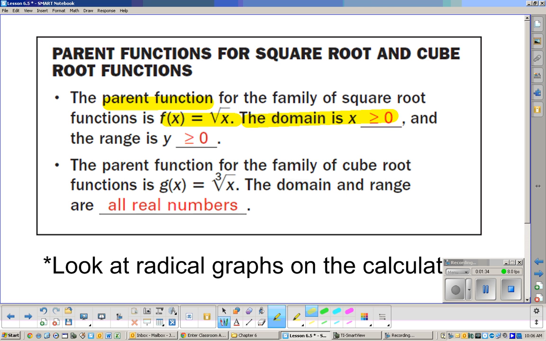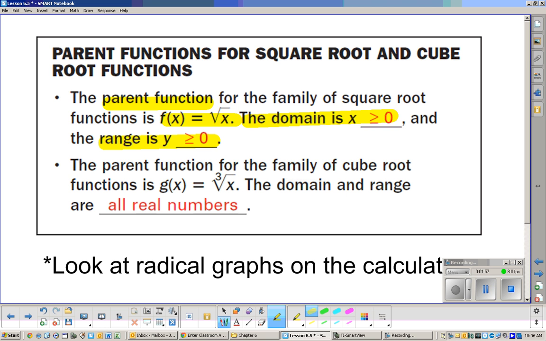We saw a little bit of that back on Thursday when we were talking domain. We also know that the range is always y is greater than or equal to 0 when you're in the most basic parent function. That is the domain and range. Obviously, that's going to change if your function changes a little bit.